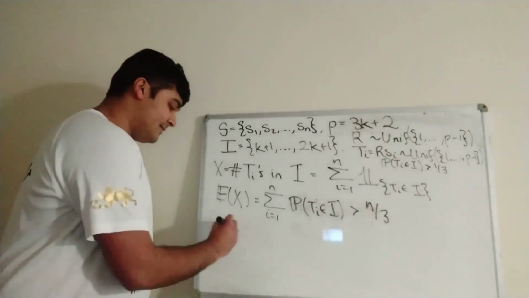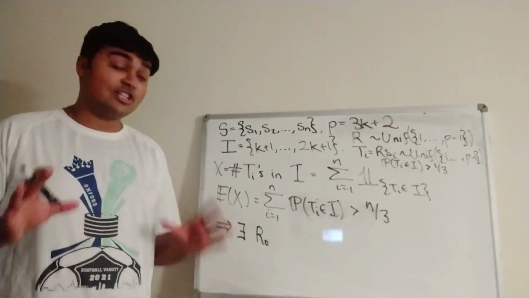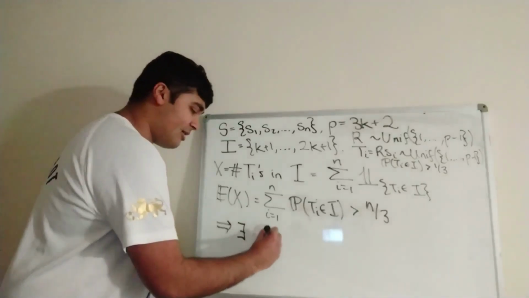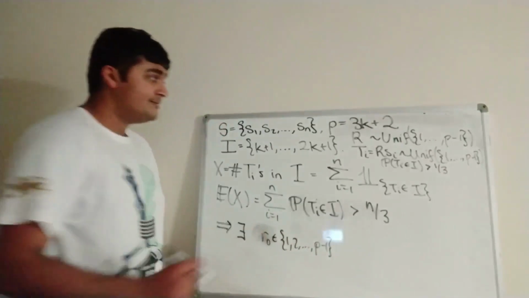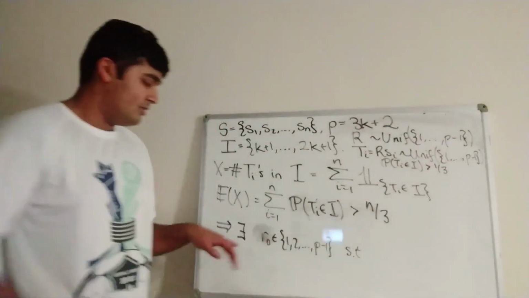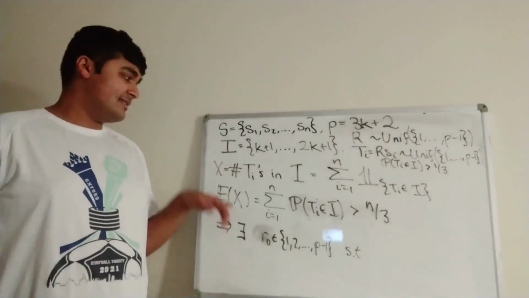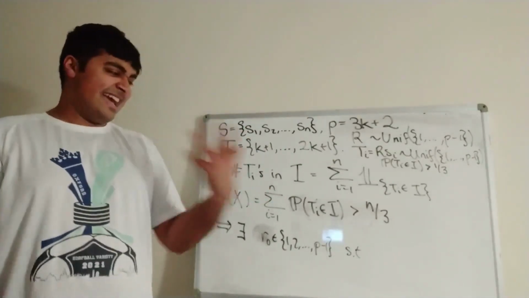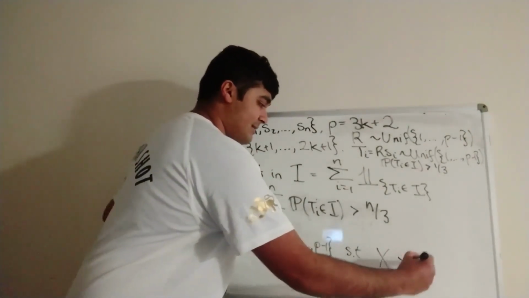So that tells us there exists some r0. Here r0 is not a random variable, it's just a number. Maybe I'll use a lowercase r to make it perfectly clear. There is some r0 in 1, 2, all the way up to p minus 1, such that with that r0, if you were to use t_i equals r0 times s_i for each of these, then work out the number of t_i's in I, computing that value of X, call it x0, we would have that x0 is strictly bigger than n over 3.